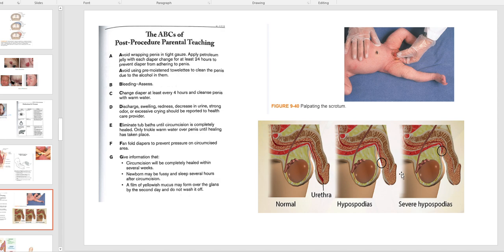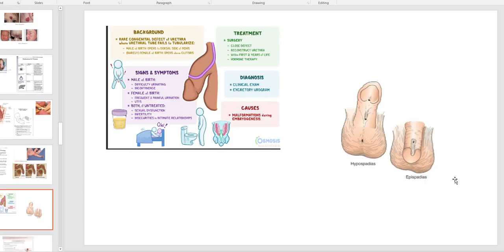So severe, major surgery is going to have to happen here to extend this urethra all the way down to the tip of the penis, okay? This is a hypo, so it can be here, here, or here. And an epispadias would be on the top, all right?